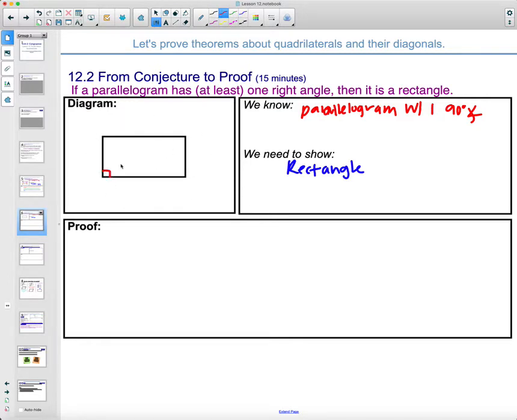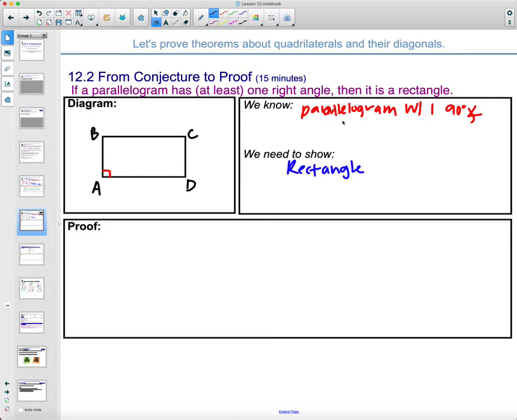So we know all the properties of a parallelogram still that we can use here since we know it's starting as a parallelogram. A couple of things that we know about parallelograms is we know opposite sides are parallel, opposite sides are congruent, and opposite angles are congruent.